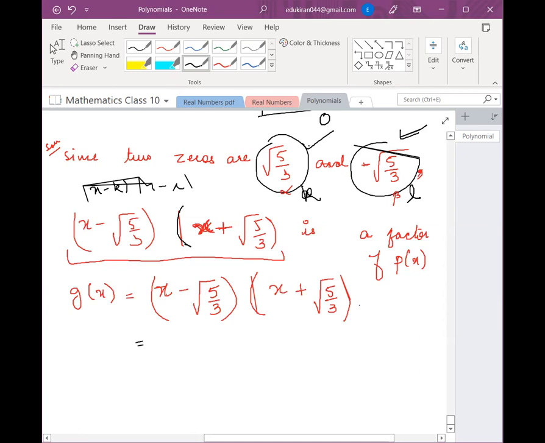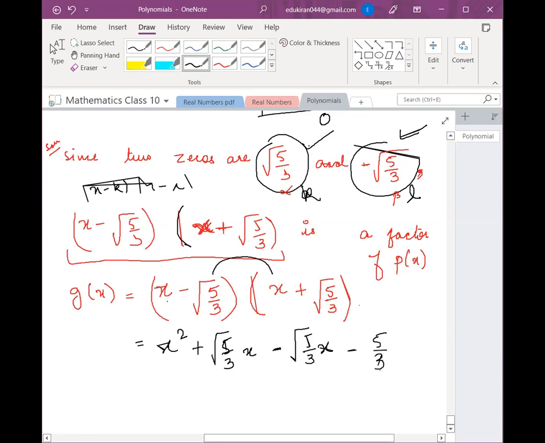So x into x is x square. Then x into plus this under root 5 by 3 x. Clear? So now use this minus root into x. So I'll get minus root 5 by 3 into x, right? Next, minus of this root into plus of this root. So plus minus minus, and then root will go away, and I'll get 5 by 3.